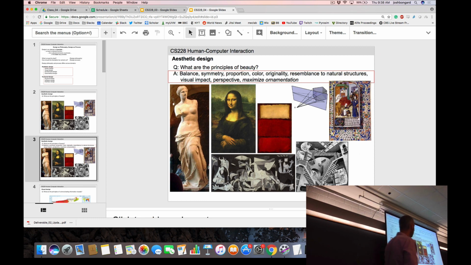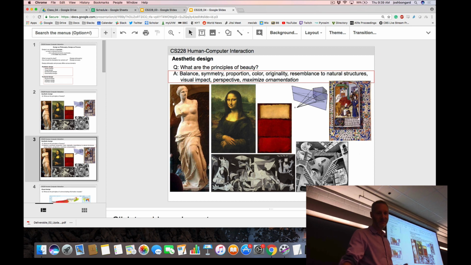Sometimes it's the opposite. Make something that resembles as close as possible to something we see in the natural world. Visual impact, perspective. In some cases, in the Western medieval tradition, it was to try and maximize ornamentation, the Baroque period, right? Put as many visual bells and whistles on something as possible. Within art, obviously, there are a lot of different design philosophies, ways to go about fulfilling the need that humans have to see something or contemplate something that is beautiful.